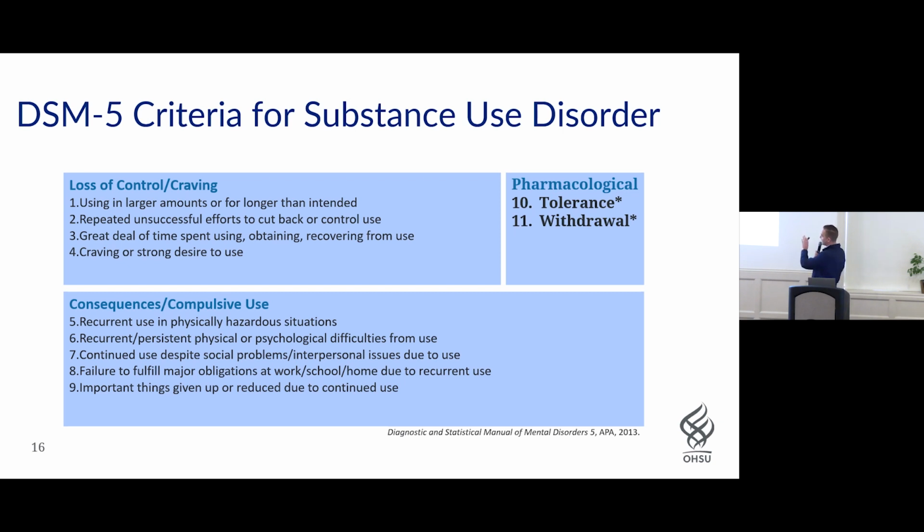If it were tolerance and they got pulled over for driving intoxicated, or that they overdosed after using benzos with their opioids, or that they got hepatitis C from injection drug use, then at that point, those 2 criteria would count for a substance use disorder. But if it's just tolerance and just withdrawal symptoms, then it wouldn't.